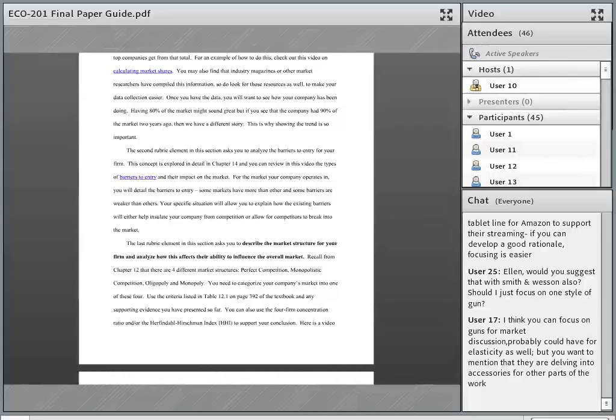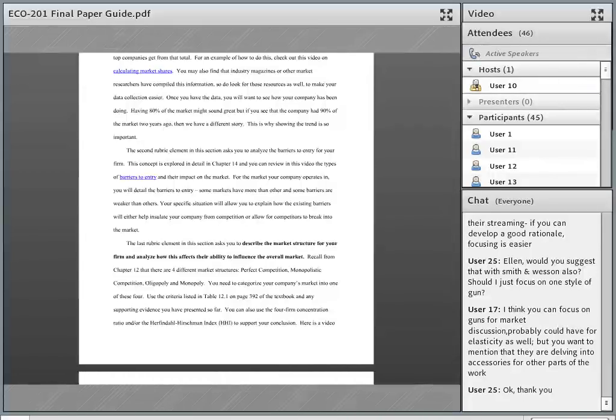Whereas a software industry might have higher barriers because you need a lot of expertise, you need a lot of startup capital. Other things where there's a lot of patent protection might get in the way. The video goes through what all those barriers might be. You're going to see how those apply to your market. Some of the ones listed might not really apply to your market, so for that particular type of barrier, it would be low or non-existent, and for others, it might be higher. It just depends on which market you're looking at.